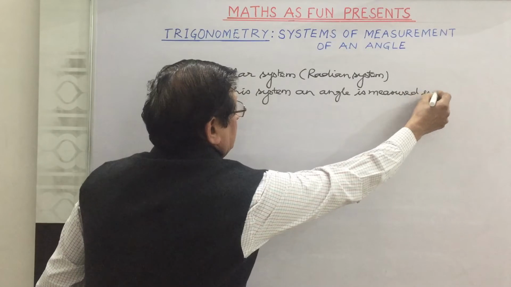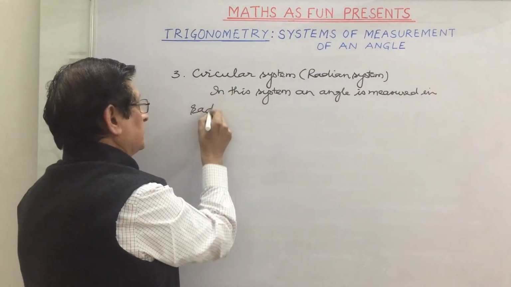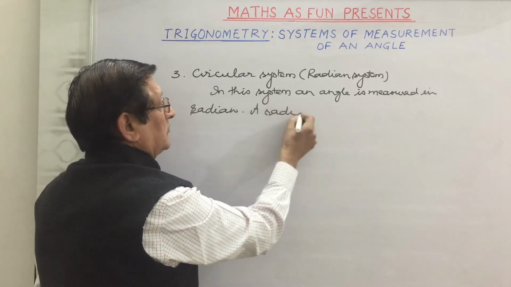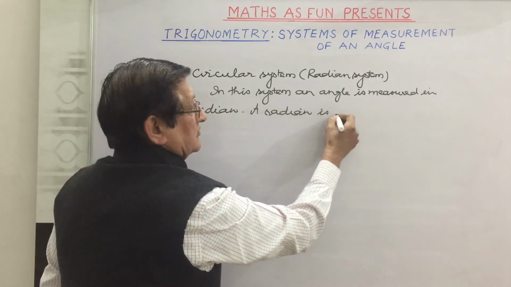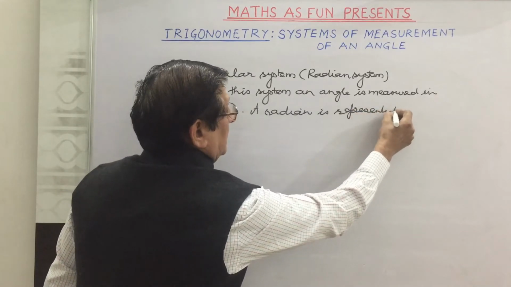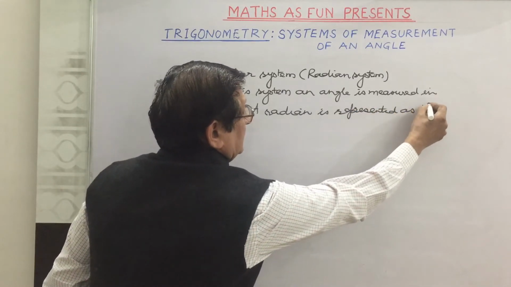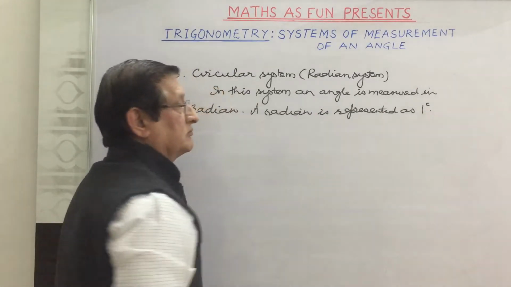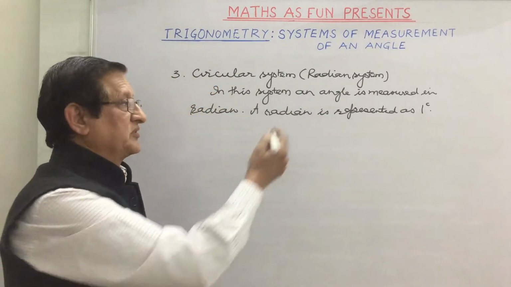A radian is represented as 1c, with c as the superscript which represents the radian.